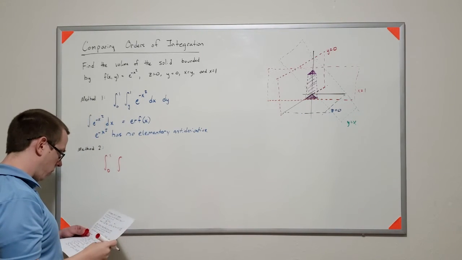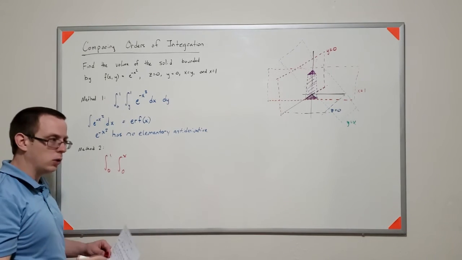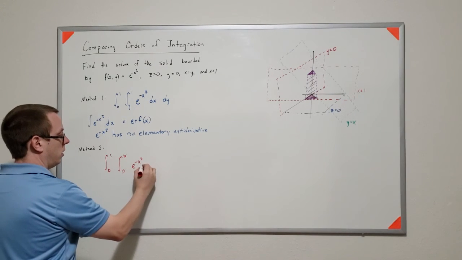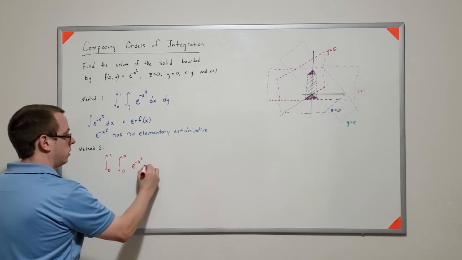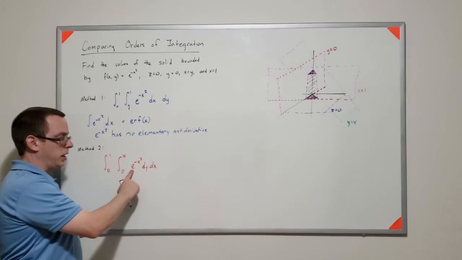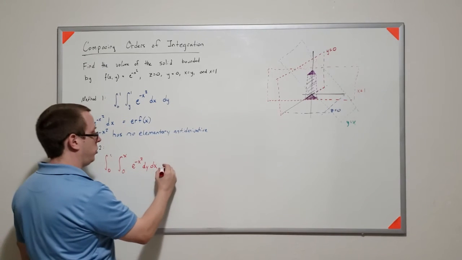Y goes from 0 to x. See, this time I got it right. I looked to check. Didn't have to. But because this is a constant relative to dy, it doesn't actually matter. We can just cheap out on it.